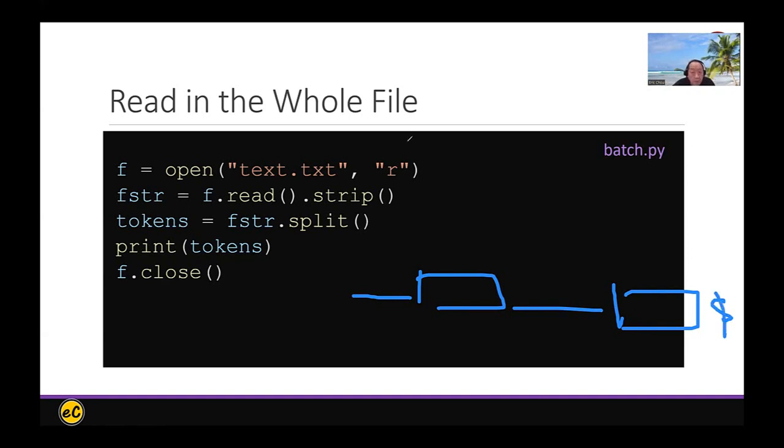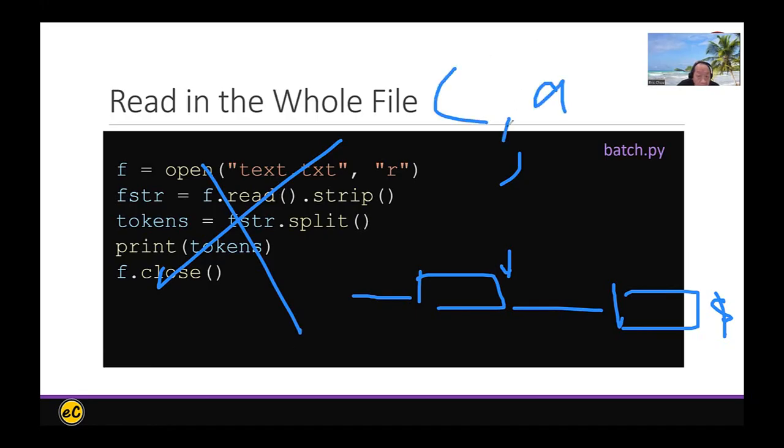But this one is too simple. Sometimes the end of a token is not a space, sometimes it's a comma, and then the split function will not work. Sometimes it's parentheses next to A with no space, so this kind of tokenization will not work.